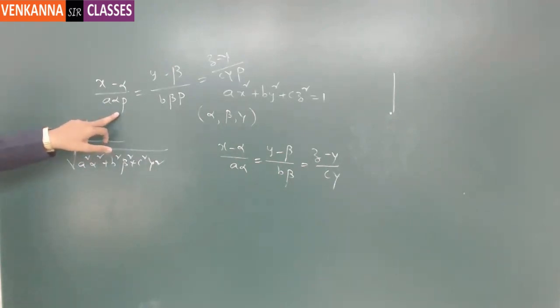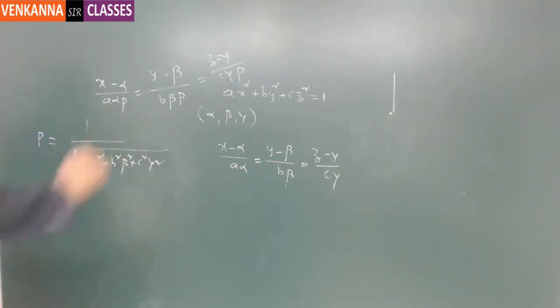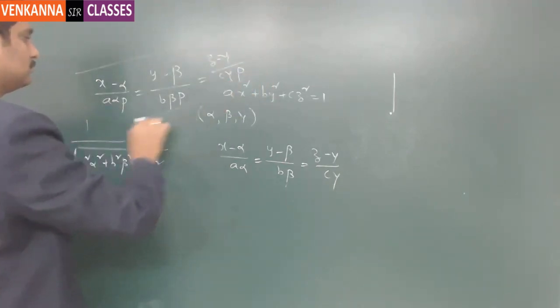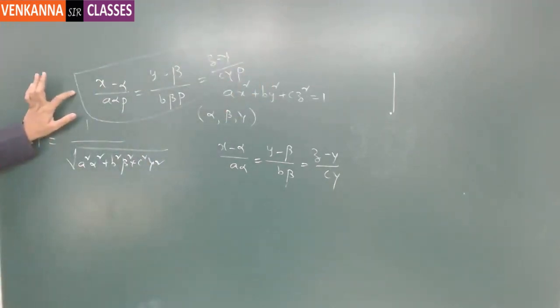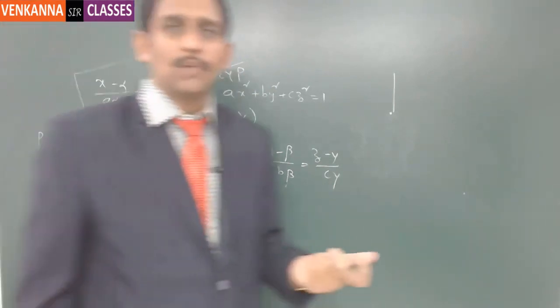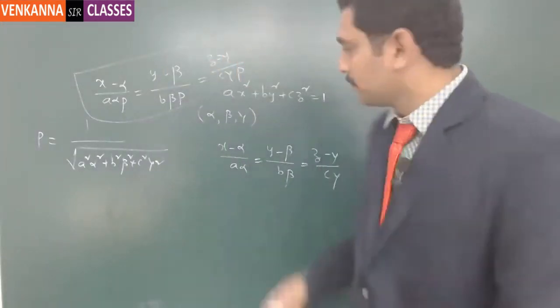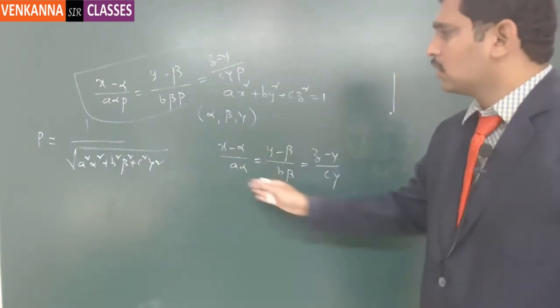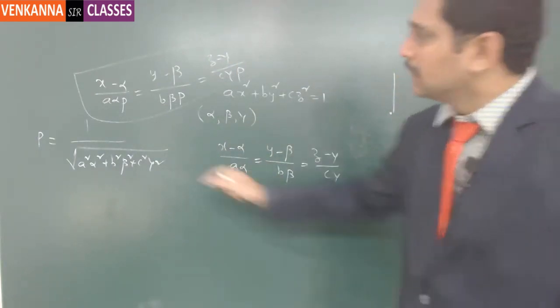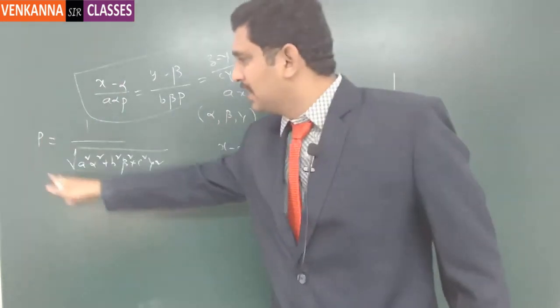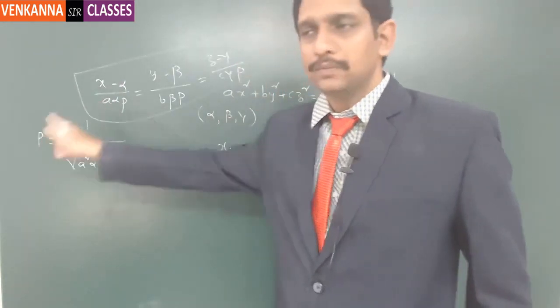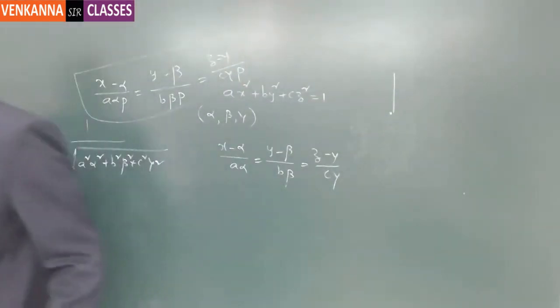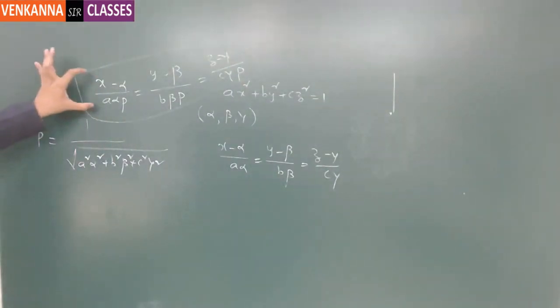Here P is the distance considered from the center of the conicoid to the tangent plane. This equation of the normal we generally consider while solving problems based on the distance. The other one is the normal equation we consider for the other problems. And the value of P is given by this formula, which is already known to you. So for the conicoid, this is the normal line equation. You take a note of that.